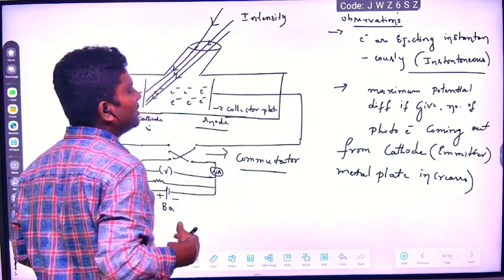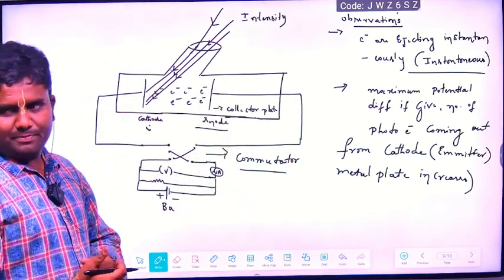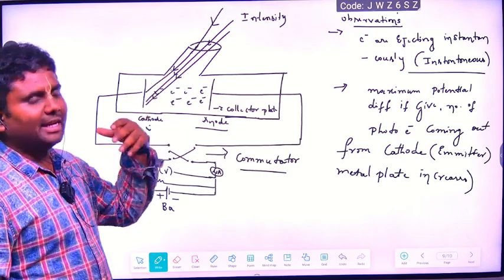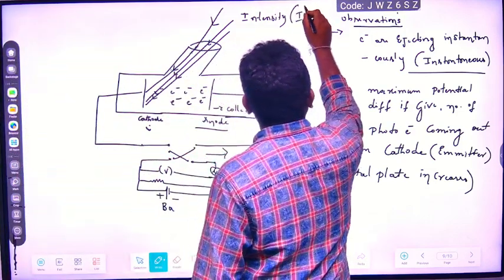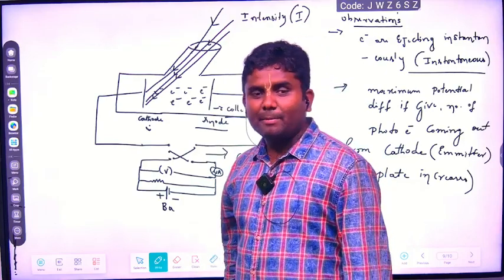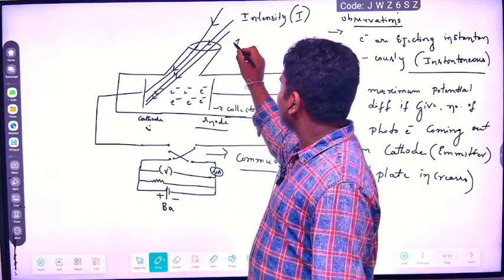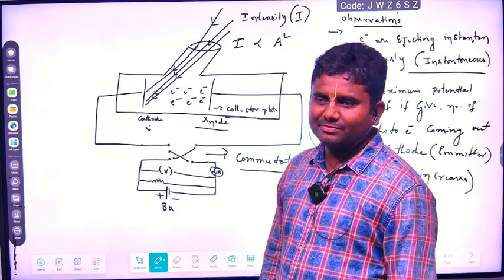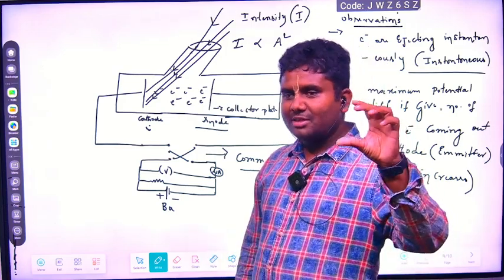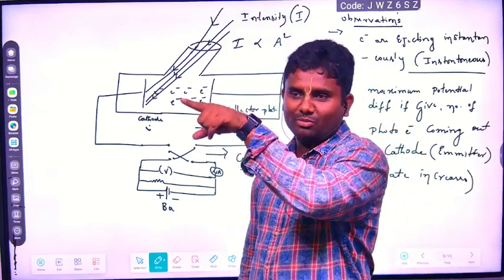This is observed experimentally. Whenever the intensity of light increases, intensity means brightness, understood? Intensity is directly proportional to the square of the amplitude of light. Amplitude is the maximum displacement of the light wave.